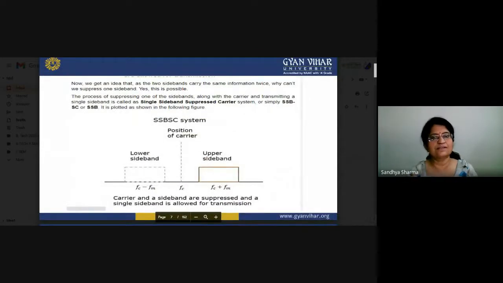We can also see that both sidebands contain the same information. So here we consume double the bandwidth when we are working on the DSB-SC system. So if we opt for the single sideband suppressed carrier system, the same suppressed carrier or plus C, we can also opt for single sideband SC or plus C.